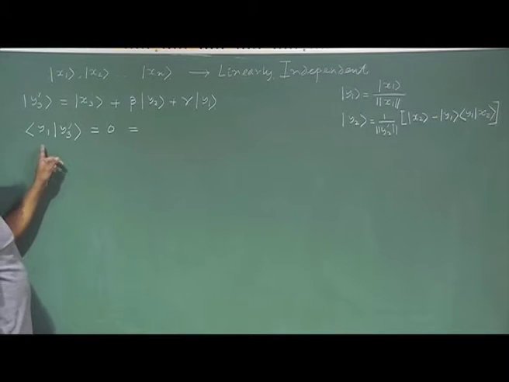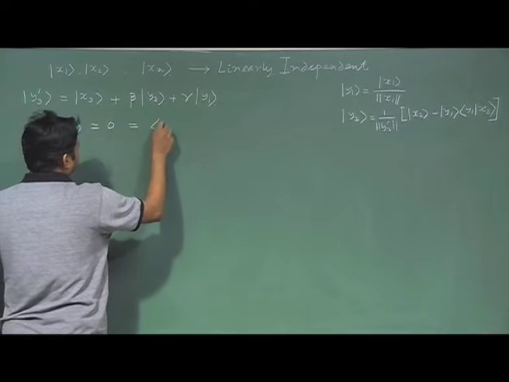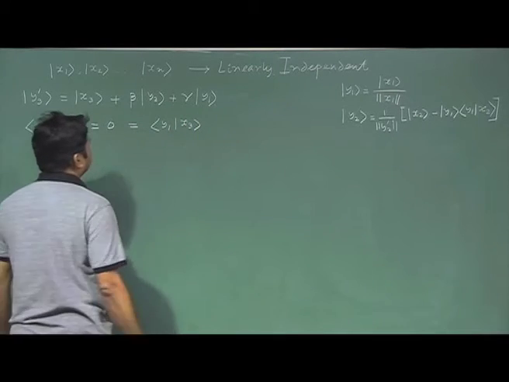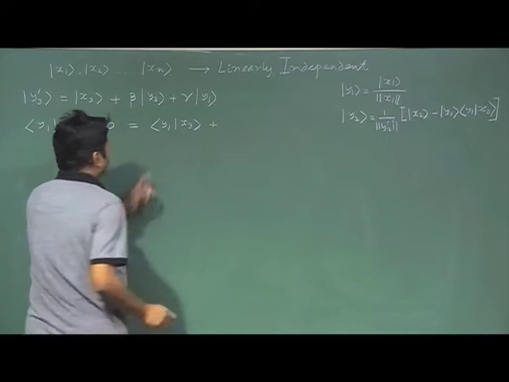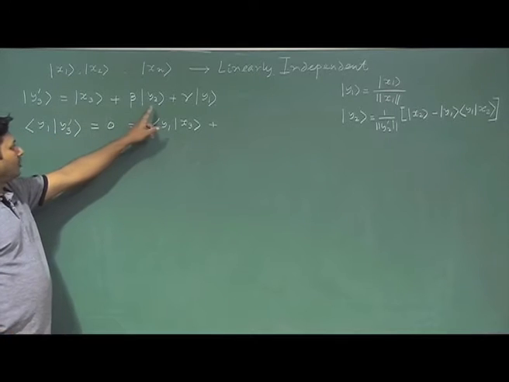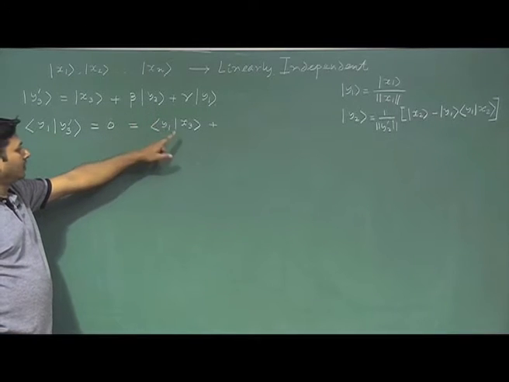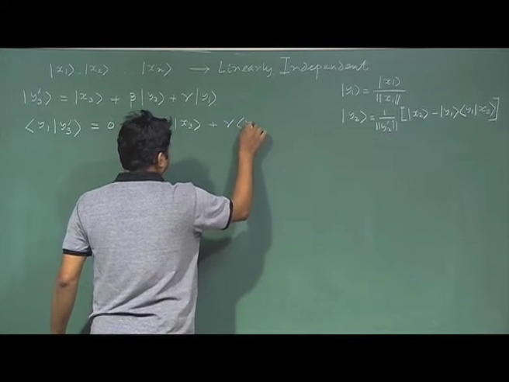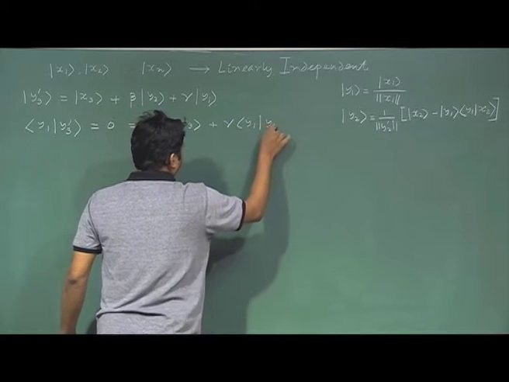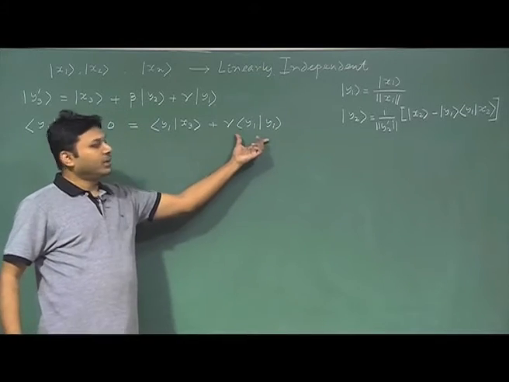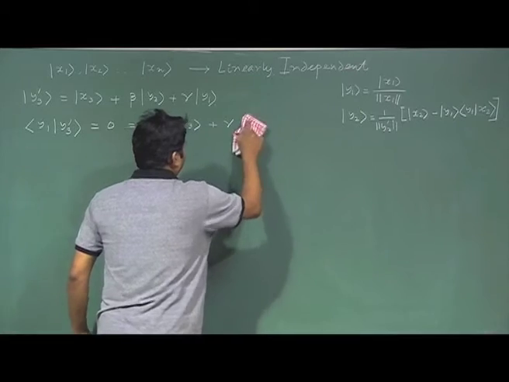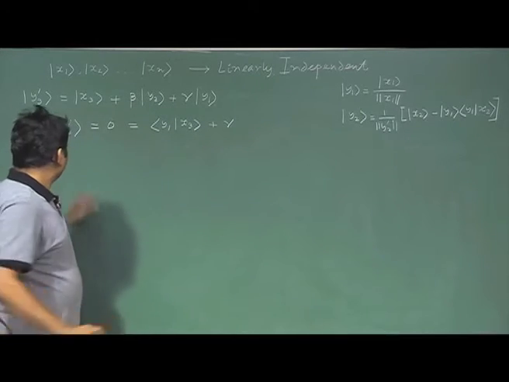On the right hand side, the beta term will not be there because y1 and y2 are perpendicular. So, only I will have gamma times y1 y1, and y1 y1 is nothing but the unit vector, so I will have this as 1. So I will get this, which is 0.